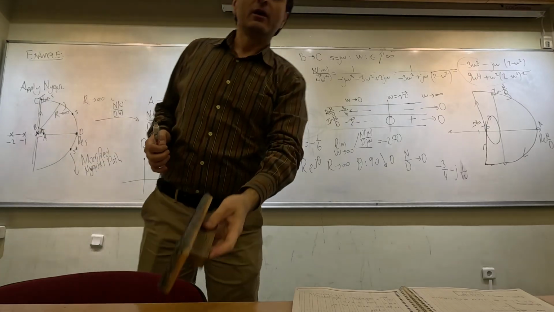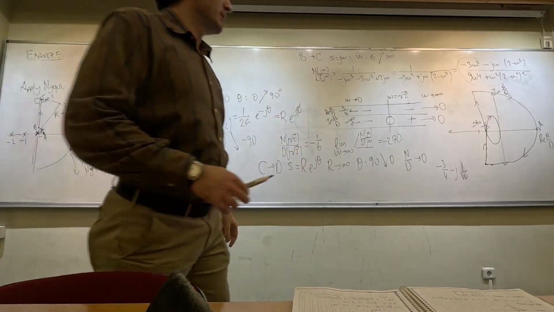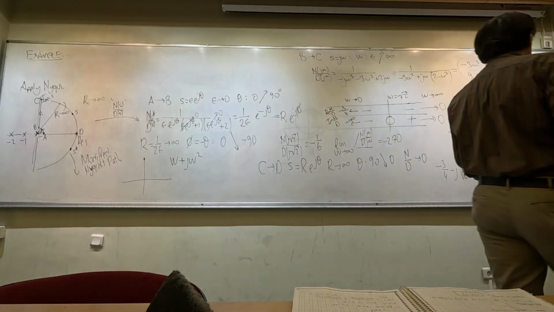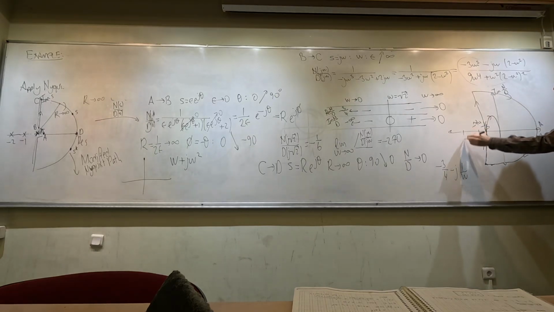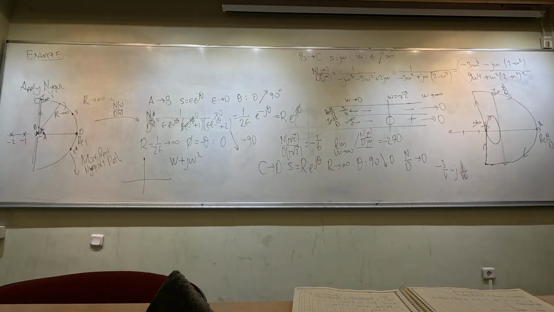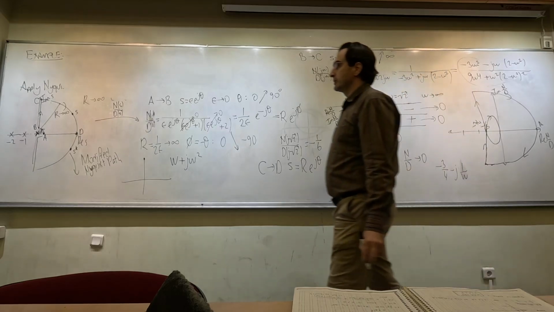Now we are actually ready to make a stability analysis. For that, I'm going to try to find ranges for -1 over k, and I'm going to look at what would happen to the number of encirclements of -1 over k.